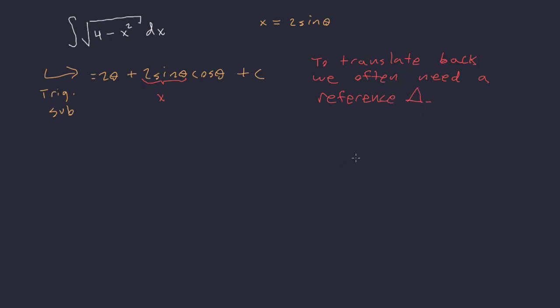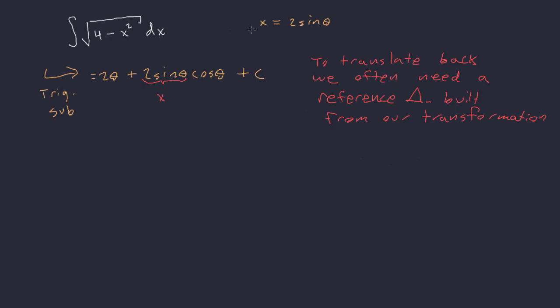Okay, so remember those back from the trig inverse section? It's very closely related. So we are going to make a reference triangle built from our transformation. Okay, and what do I mean by that?